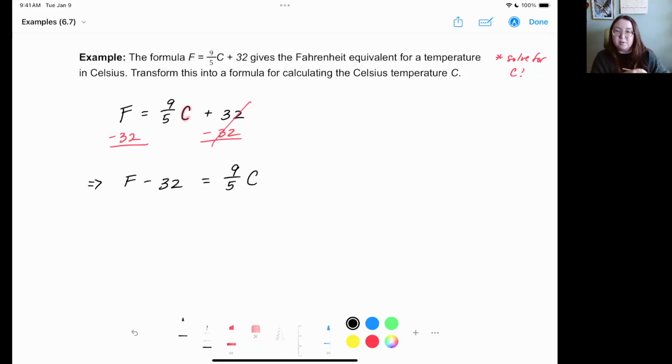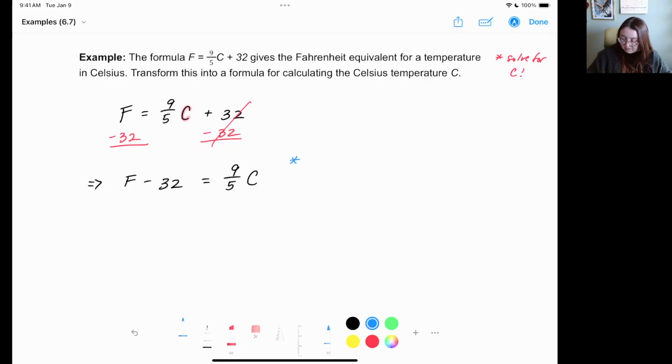Now we're trying to solve for C, and when we try to solve for something, typically we really like it to be on the left. Currently C is on the right. A really good thing about an equation sign is that it's saying that both sides of this equation are equal to each other. So really, we can switch the sides whenever we want.